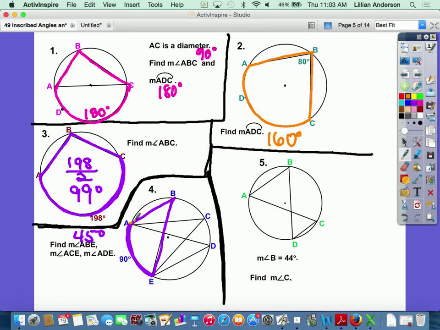ACE, let's measure. 45, it has the same arc. And the last one, ADE, 90, 45. So that theorem where it says that if they have the same intercepted arc, all the angles are congruent. That's an example in that case.